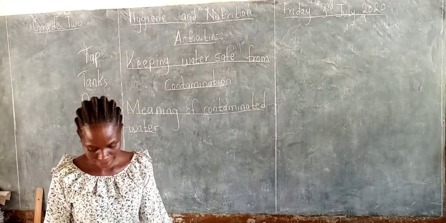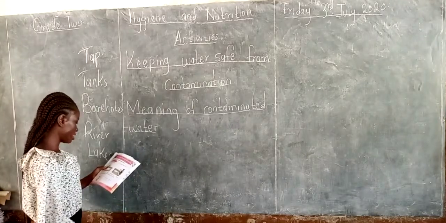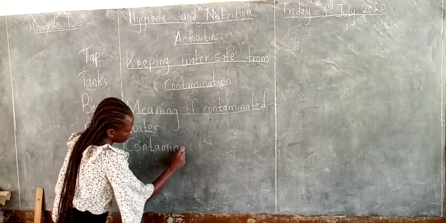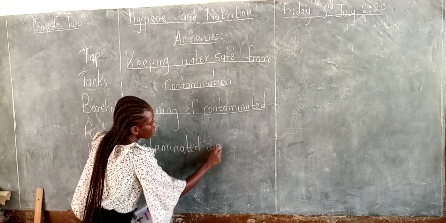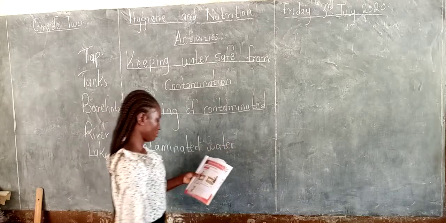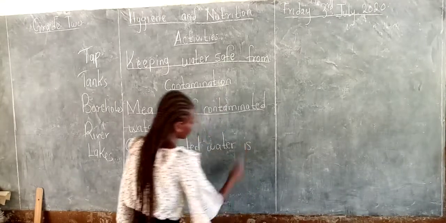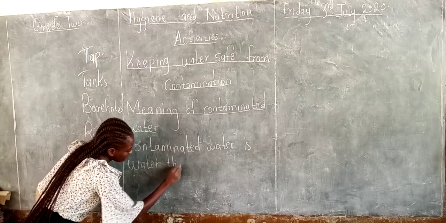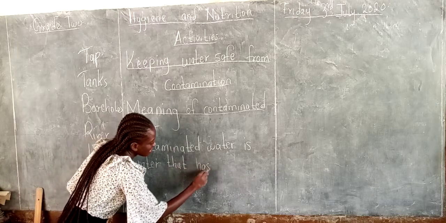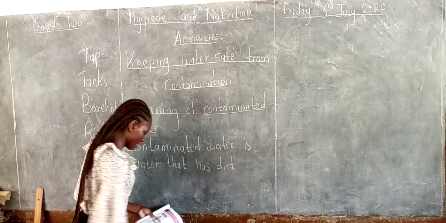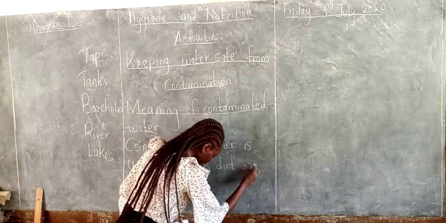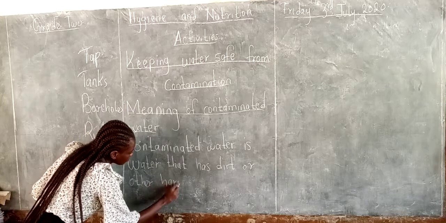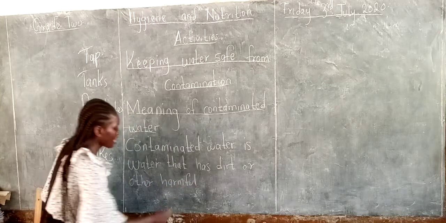So can we write that? Contaminated water is water that has dirt and or other harmful things.